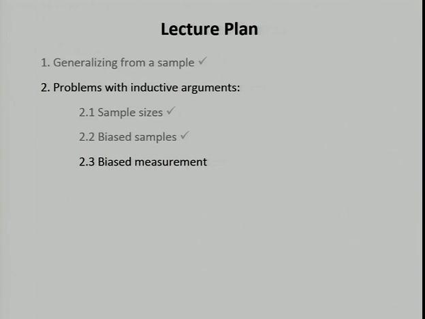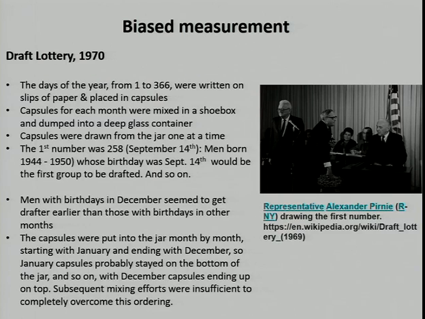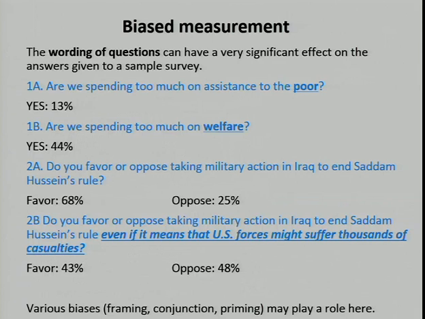Last point, biased measurement. And again, there's going to be some stuff that I skip over, and some of this might be familiar. So it's not just the question, say you have a large representative sample, there's not a problem of the availability bias or self-selection bias or anything like that.